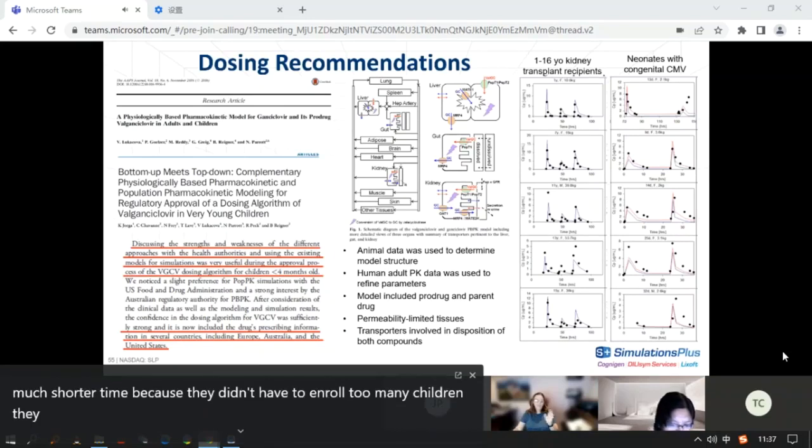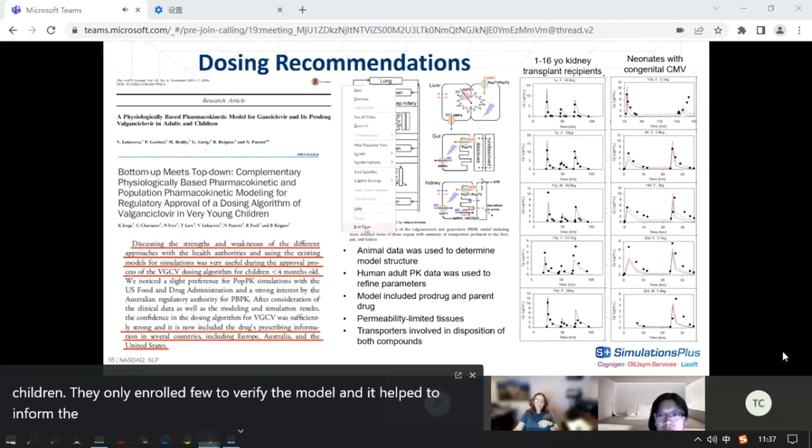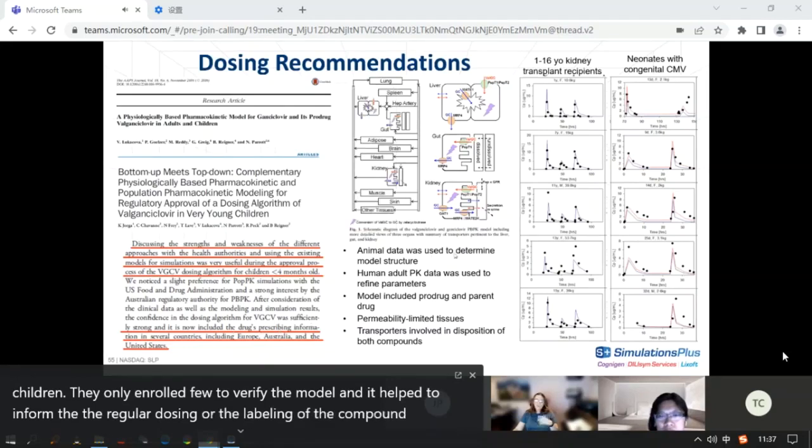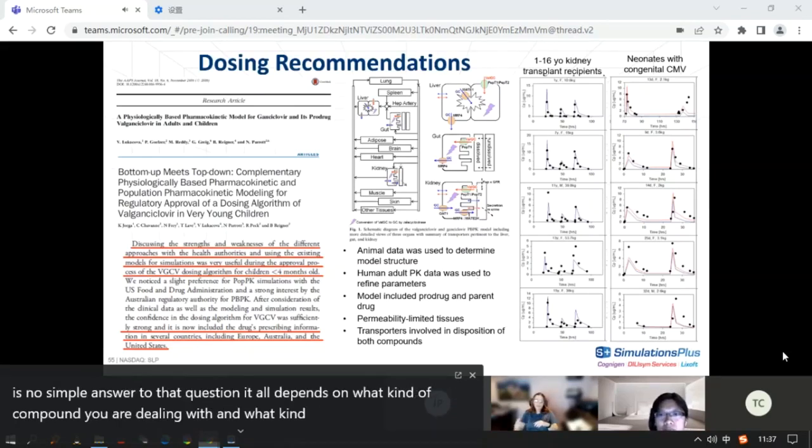They only enrolled a few to verify the model, and it helped to inform the dosing or the labeling of the compound. So there is no simple answer to that question. It all depends on what kind of compound you are dealing with and what kind of model you are able to build based on the information about your compound and the physiology.